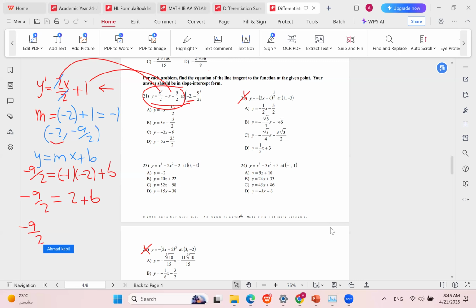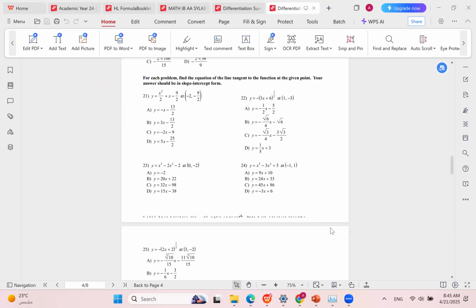So negative 9 over 2 minus 2 equals b. Negative 9 over 2 minus 2 is negative 13 over 2. So b is negative 13 over 2, and m is negative 1. Therefore, y equals negative x minus 13 over 2. And this is the same as choice A for question 21. No, excuse me, I meant to circle choice A.